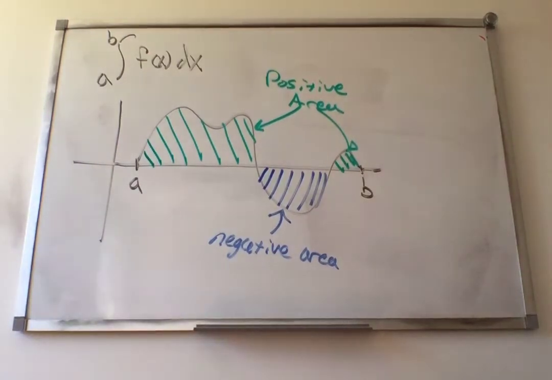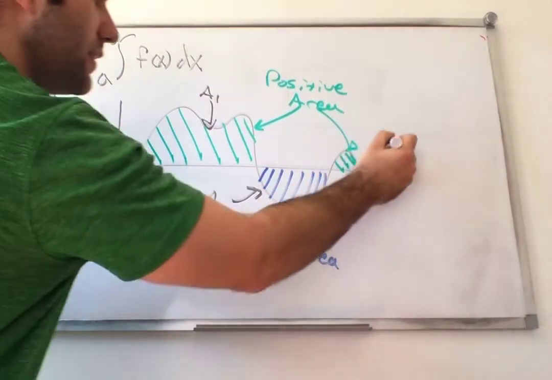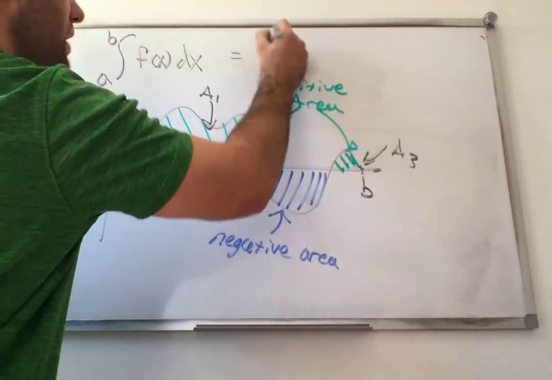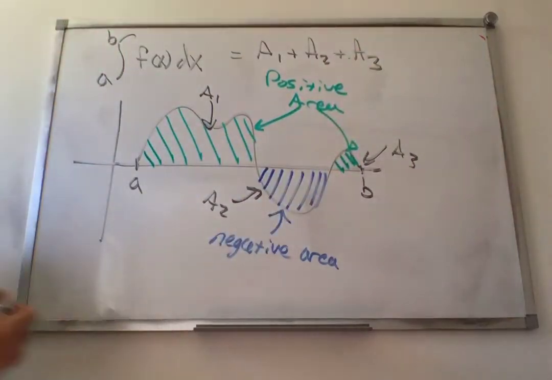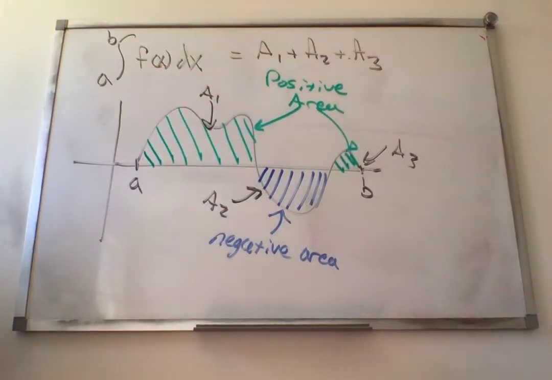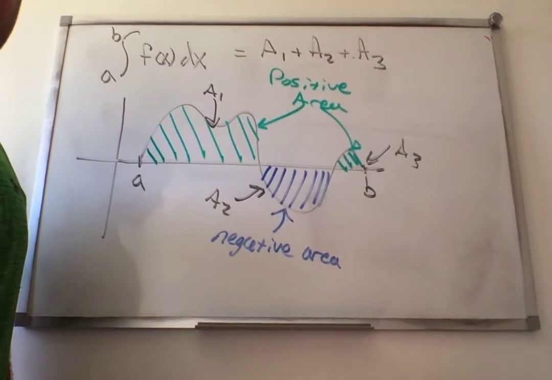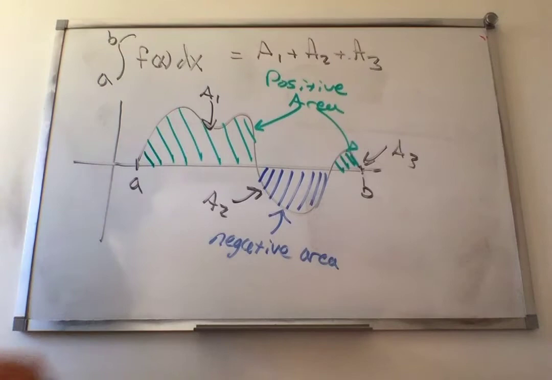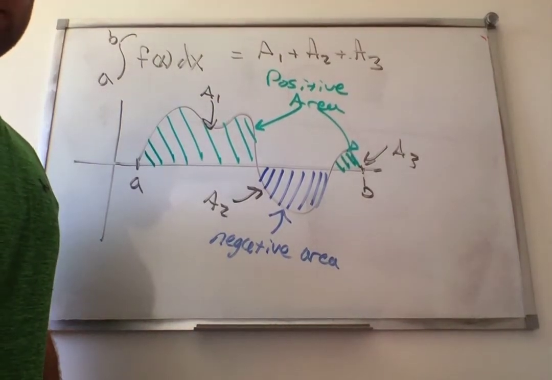So if I were to give these labels, this could be A1, this could be A2, this could be A3, so just A1 plus A2 plus A3. A2 just happens to be negative, okay? So, and when you do that problem on 33, you're gonna go below the x-axis. You're finding areas below the x-axis, so therefore your answer should be negative. You should be coming up with negative areas in this case.